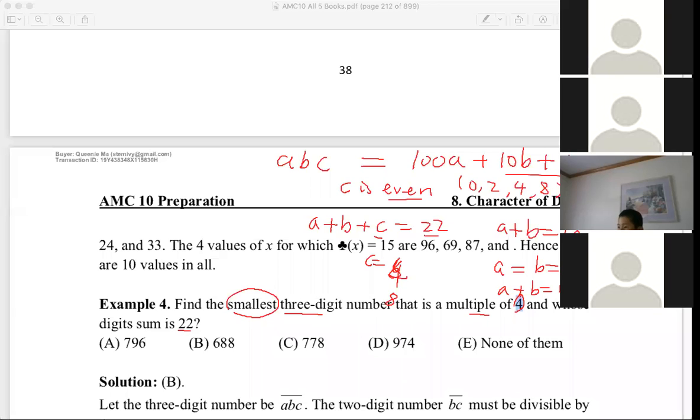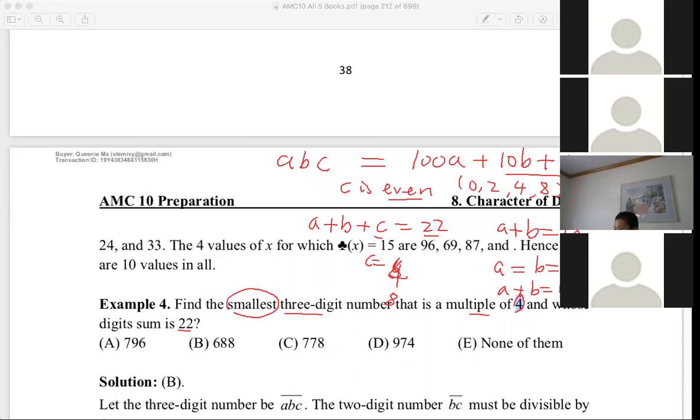Another choice is 9, 5, and then 8. That's only these two choices, right?